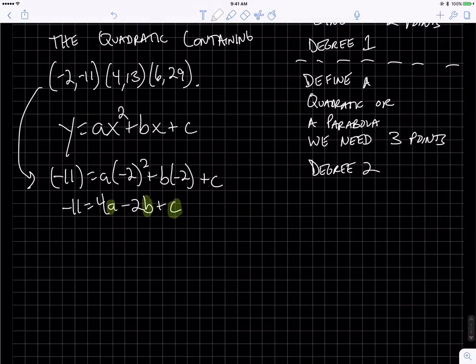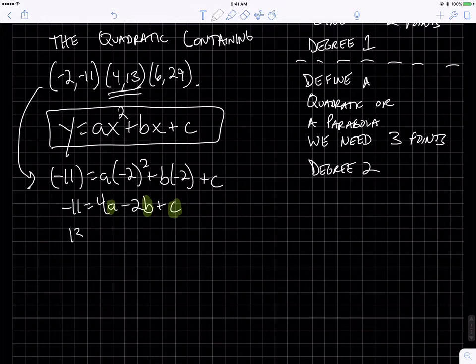So I'm going to write another equation based off the general form or standard form of a quadratic and the next point, for 13. So I plug in 13 for y. I plug in 4 for x, and when I square it, I get 16a plus 4b plus c.